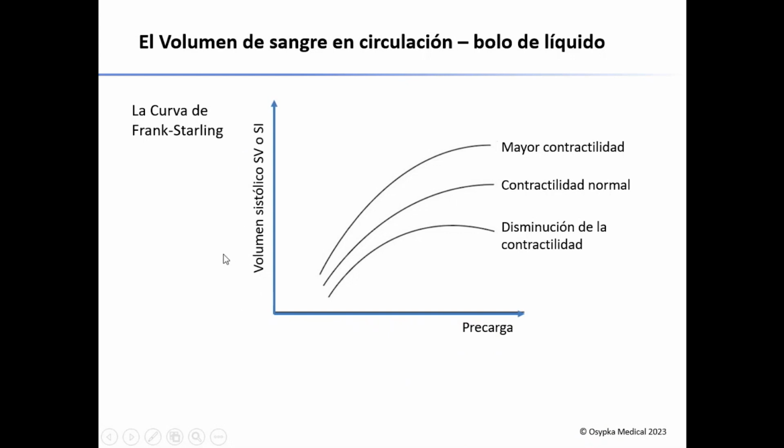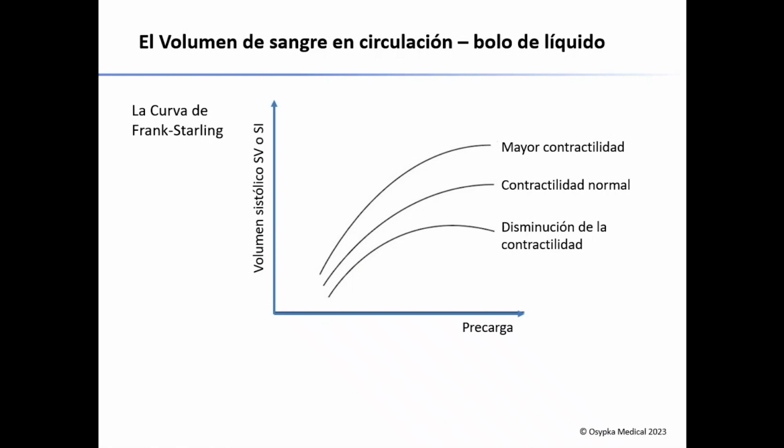A patient who is not in need of volume, and let's look at this normal patient here, probably is somewhere here. So if you add more preload, the stroke volume here does not really change. A patient who's in dire need of volume probably sits somewhere here below. So if you increase the preload, the stroke volume will increase too.